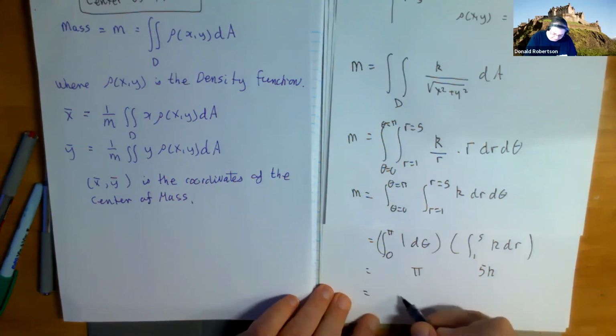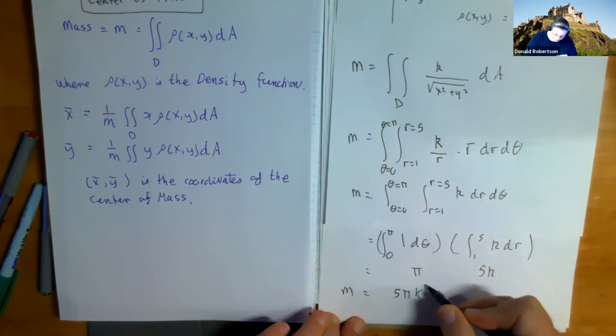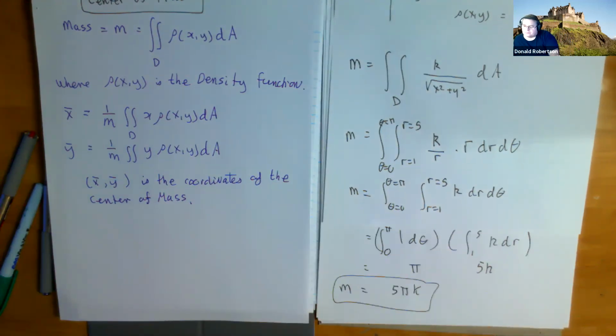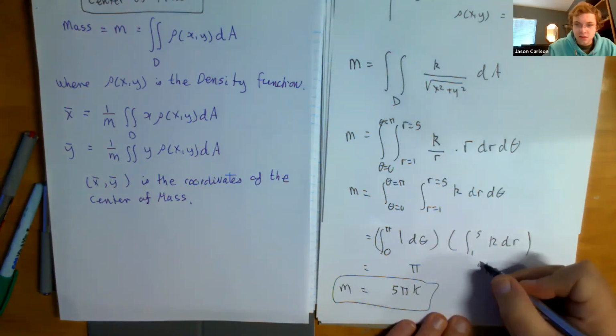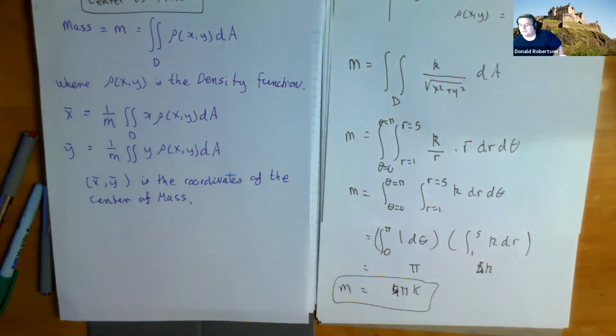So I guess the answer is 5 pi k. It's a surprisingly nice question. Oh, wouldn't that be 4k? Surprisingly, still a nice question. But 4k, 4 pi k.